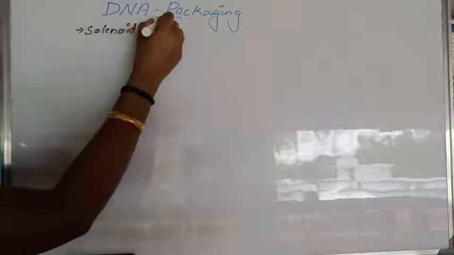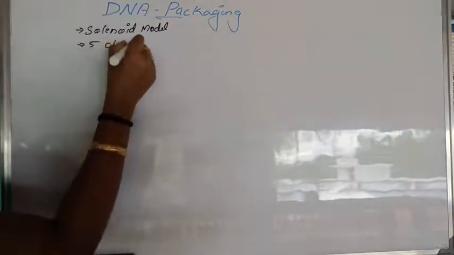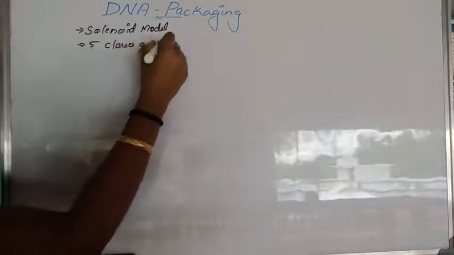In the solenoid model, there are 5 classes of histone proteins.